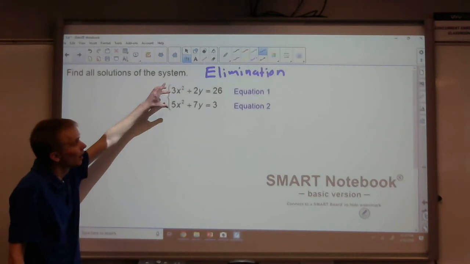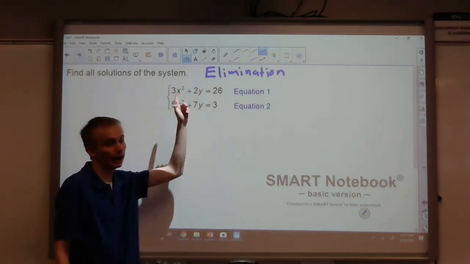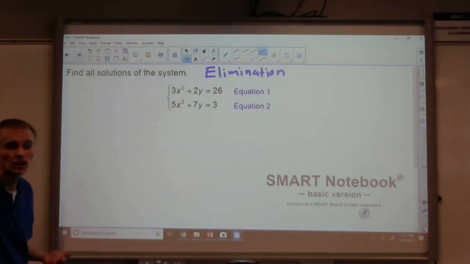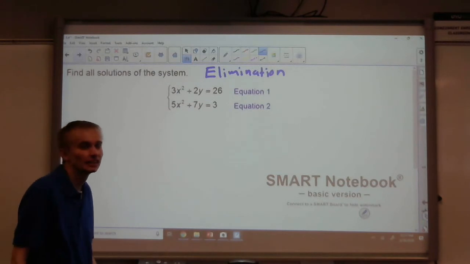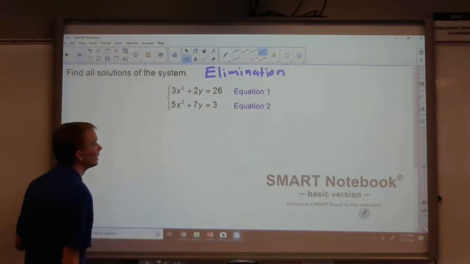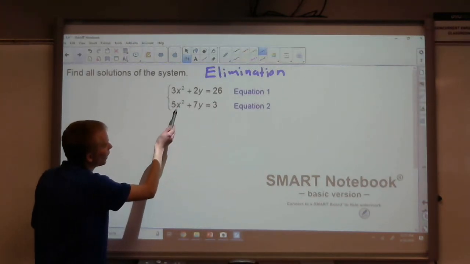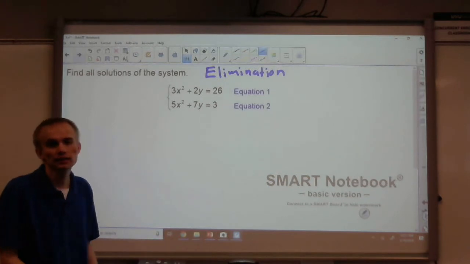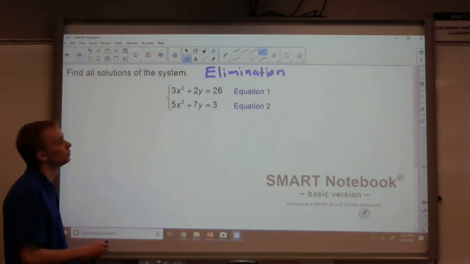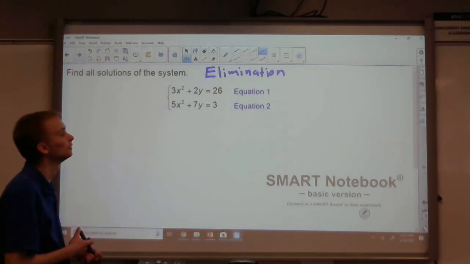But if I don't have the same, like x squared and y here, like if they don't really line up very well, the equations, you probably want to go with substitution, okay? So, let's do elimination. And I can eliminate either x squared in the equation, or I can eliminate y. It doesn't really matter. I'm going to eliminate x squared, okay? I'm going to get that out of the equation.